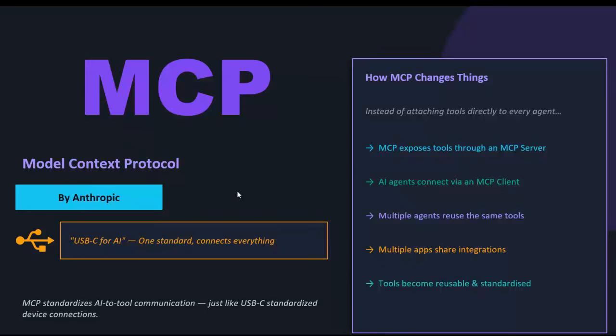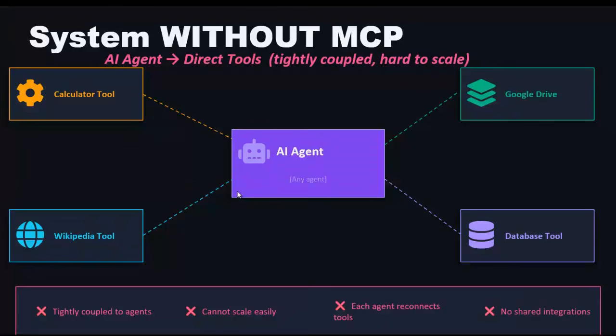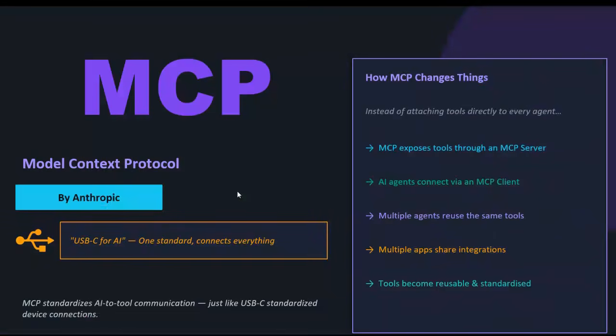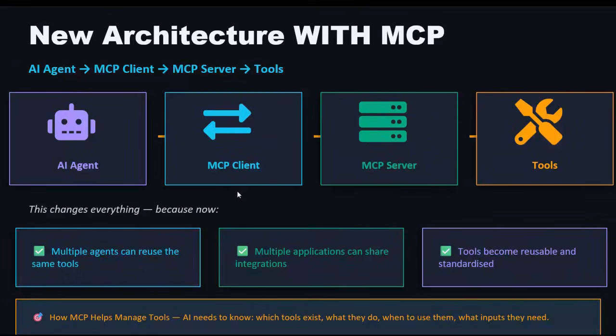So instead of directly attaching tools to every AI agent like this, MCP exposes tools through an MCP server. Then AI agents connect to those tools using an MCP client. Don't you worry, we will discuss the entire architecture shortly. So here you can see the system with MCP.